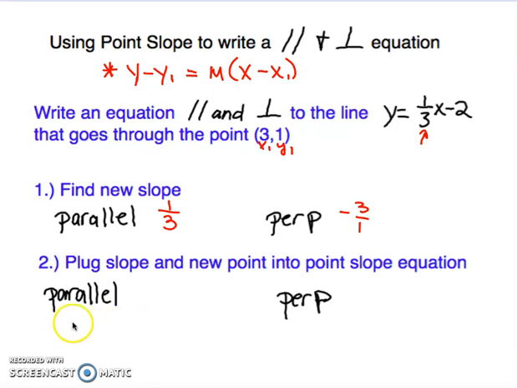So your parallel equation is going to be y minus 1, because we're just using our values from up here, so that's where I got the 1, equals, we're doing a parallel, so we're going to say 1/3 for our slope, x minus 3, right from that x1. And for our perpendicular, we would say y minus 1 equals -3/1 times x minus 3.